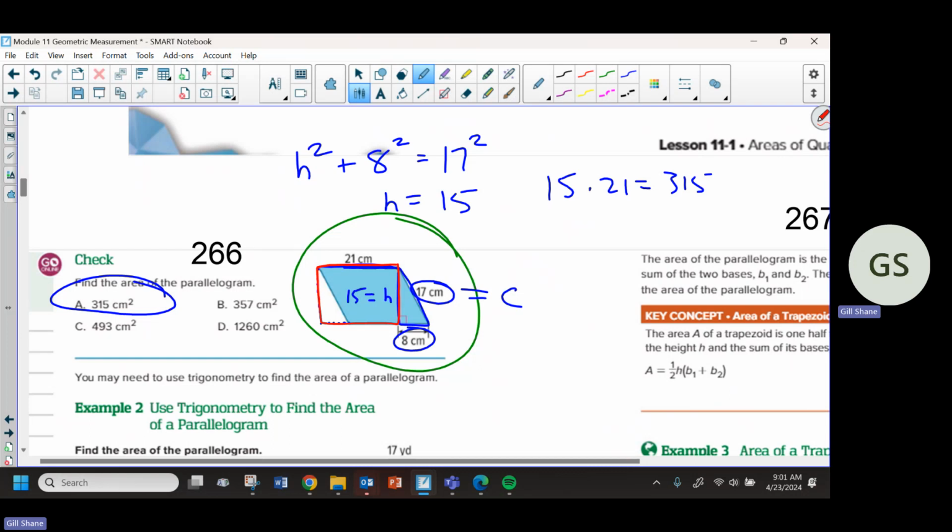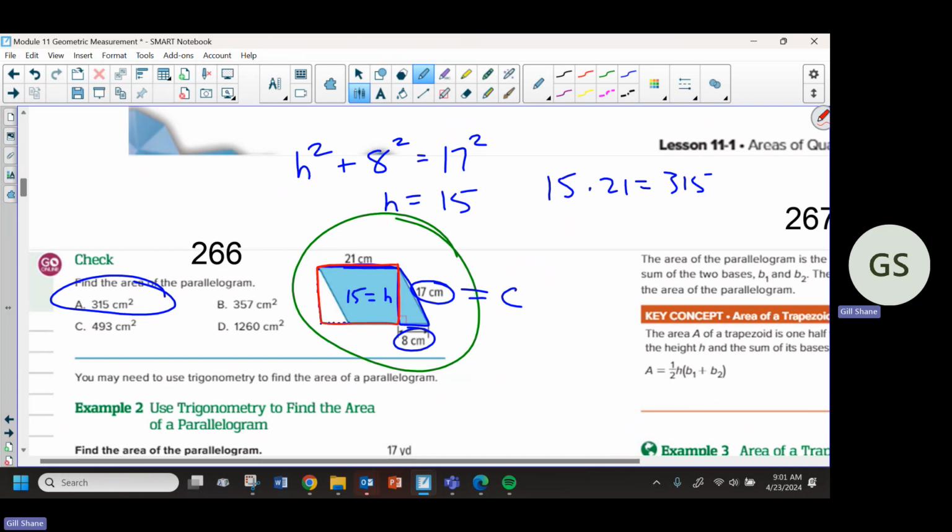That's why they have the same formula. But we would still need to solve for the height, so it doesn't really change anything. 15 times 21 for the rectangle would be the same formula.